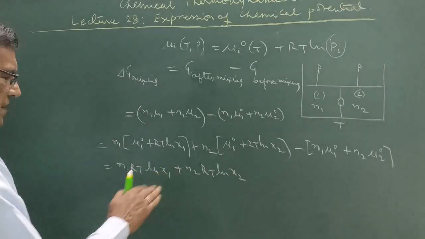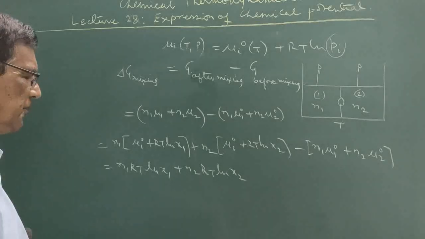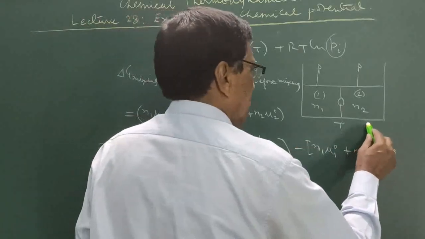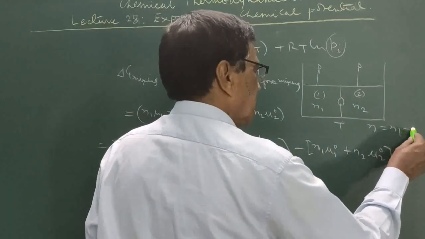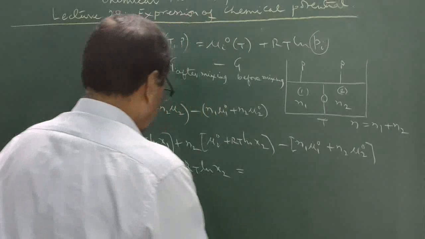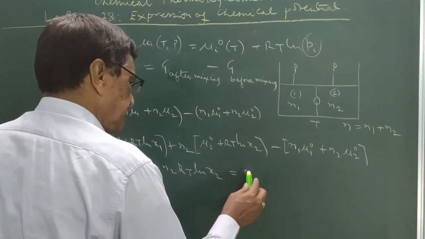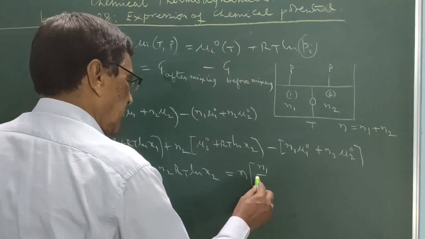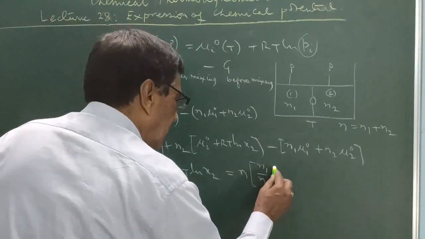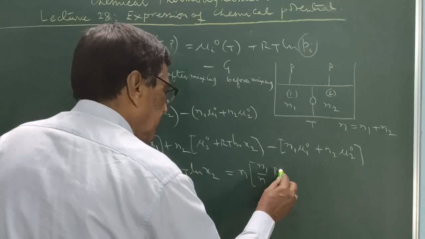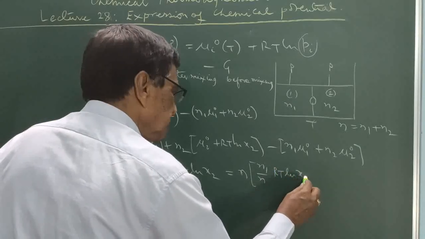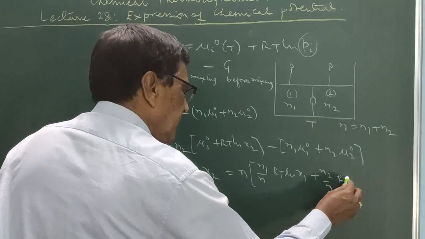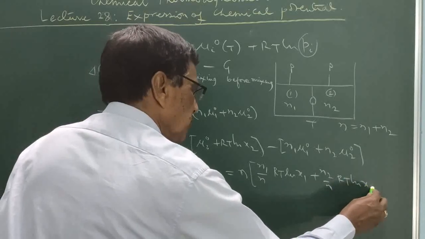If we divide this by the total number n, where n is n1 plus n2, then it will be n1 by n RT ln x1 plus n2 by n RT ln x2.